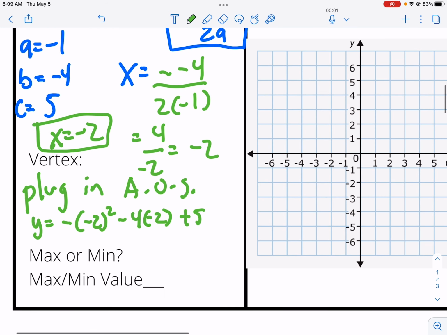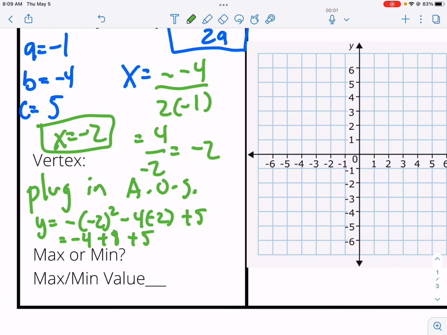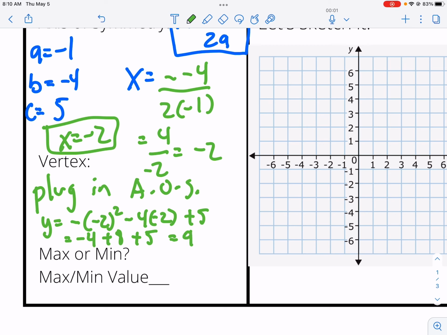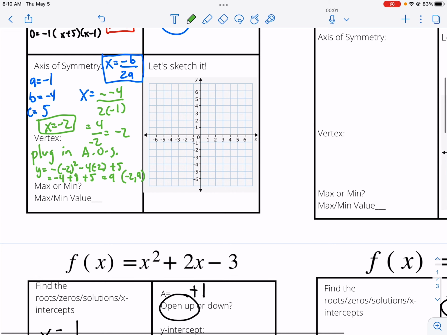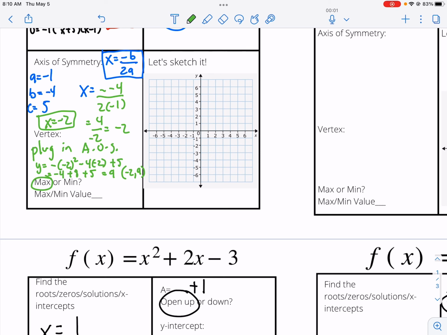This will give us, be careful with this, negative 2 squared is positive 4, and then with the negative in front becomes negative 4, plus 8 plus 5, and that becomes 4 plus 5, which is 9. So my vertex is at negative 2, 9. And because this graph does open down, we should have a maximum value, and the maximum value, the highest I go, will be at y equals 9.